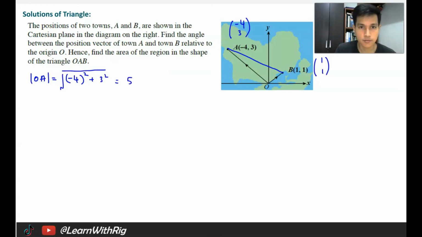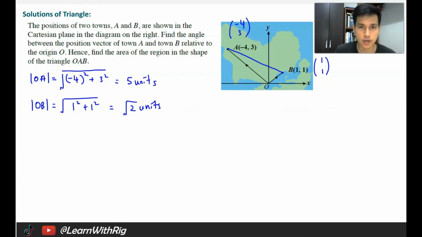You should get 5 units. Okay, 5 units. And then you want to find the magnitude of vector OB. Square root of 1 squared plus 1 squared. Answer is √2 units.